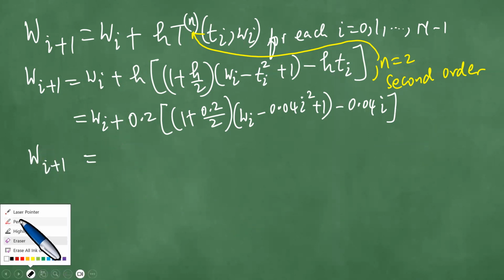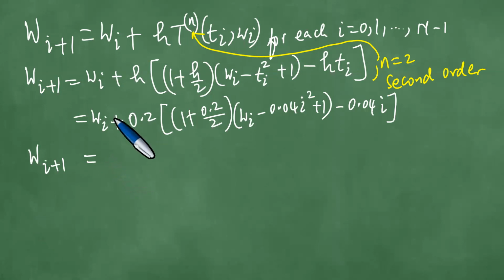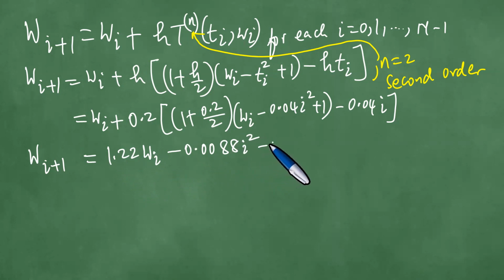If we group like terms and so on here, it's going to be 1.22 Wi, and this is squared, plus 0.22.